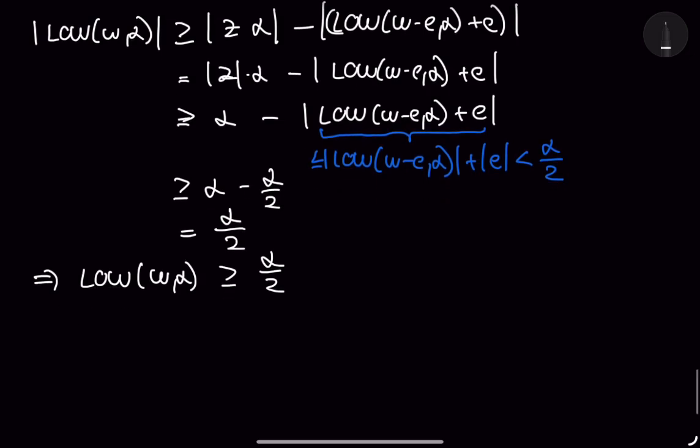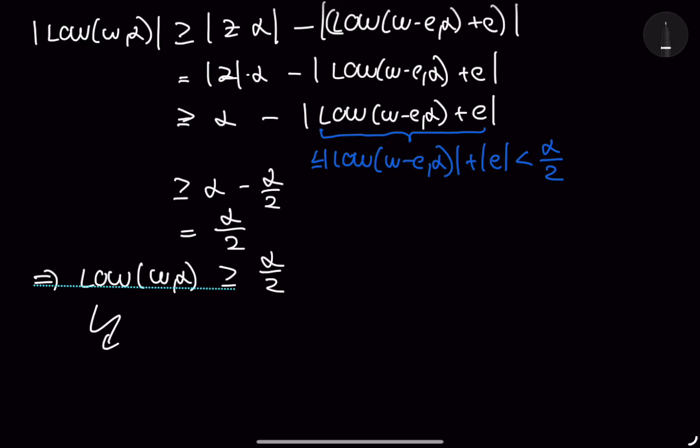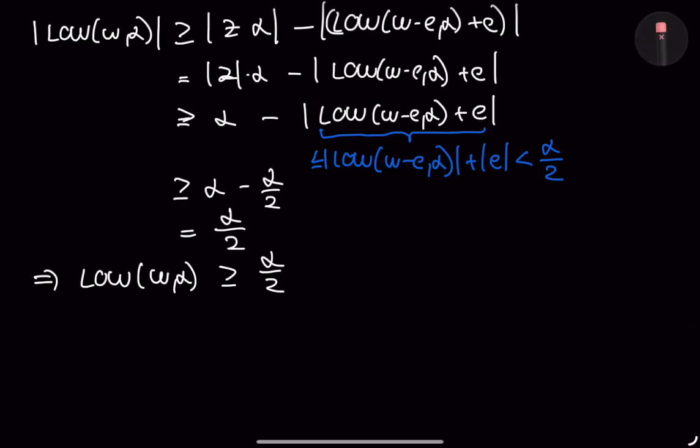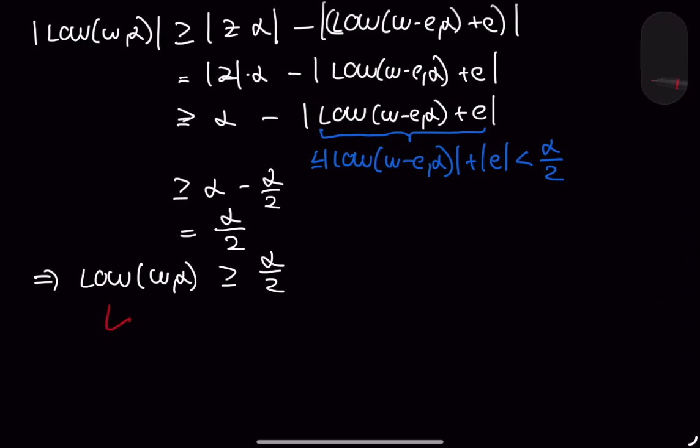What I wanted to say is that this is a contradiction, because of the definition of this low, we get this. This is a contradiction. Make it in red. It's a contradiction to the fact that low alpha is less than alpha half.